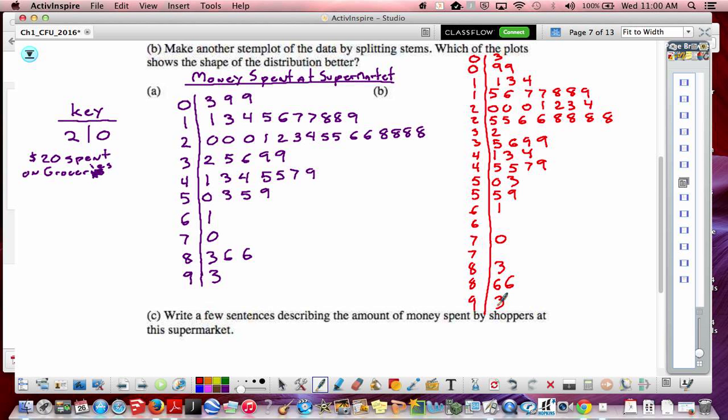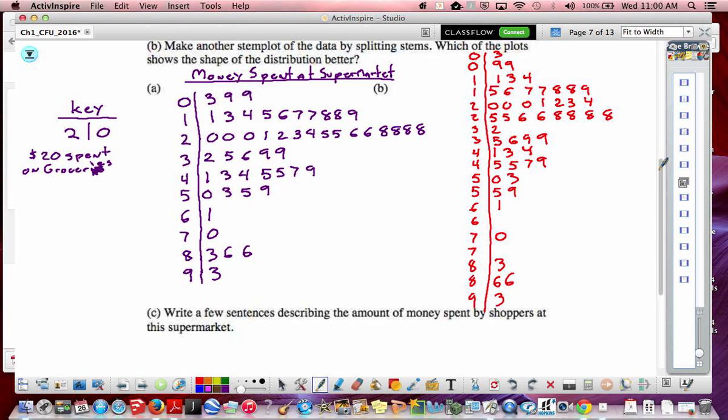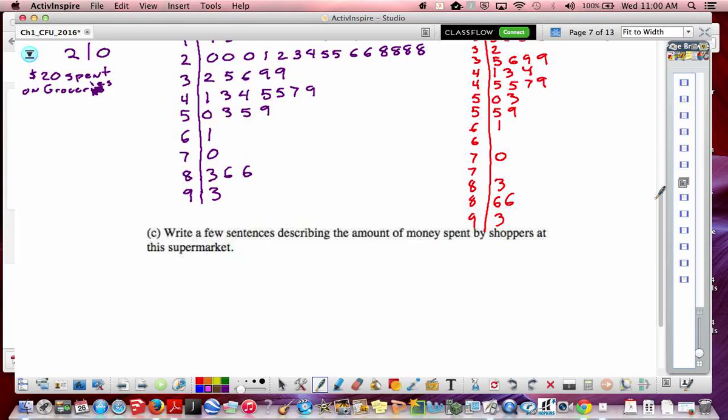So I'm just going to make note of that here. I'm going to try to squeeze it in maybe in this area right here in the middle.